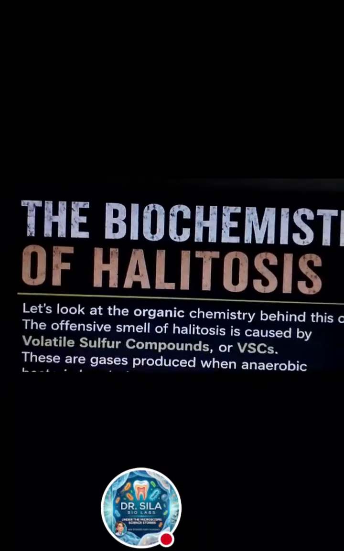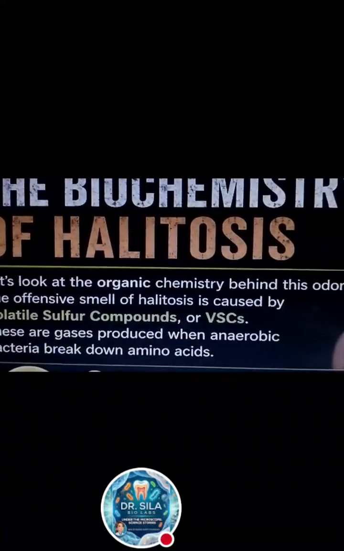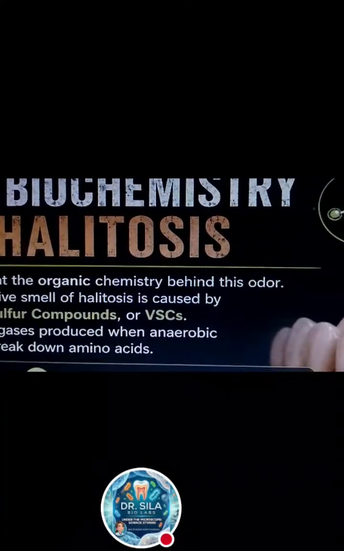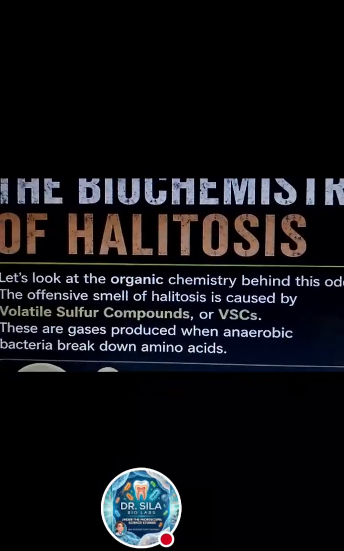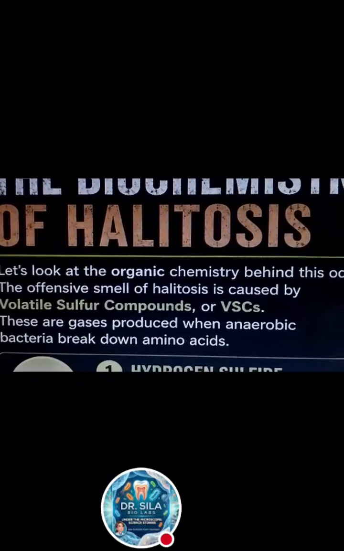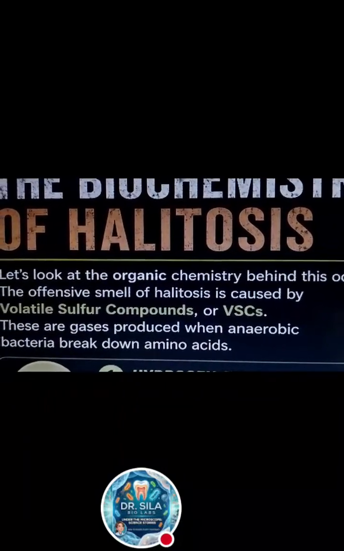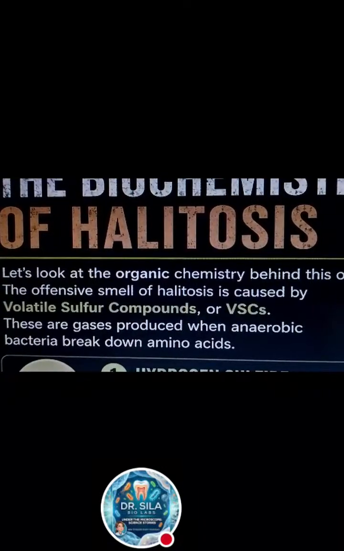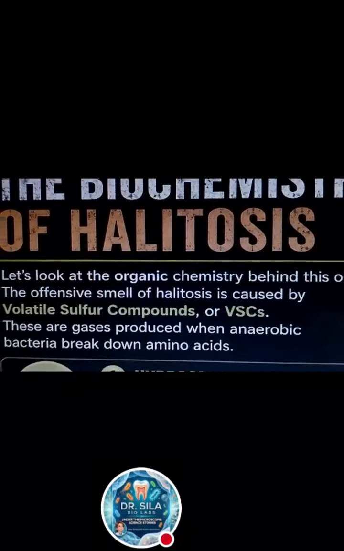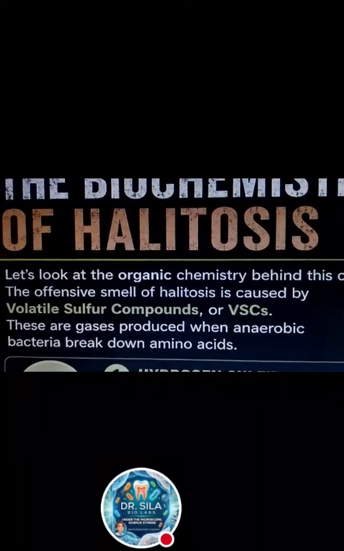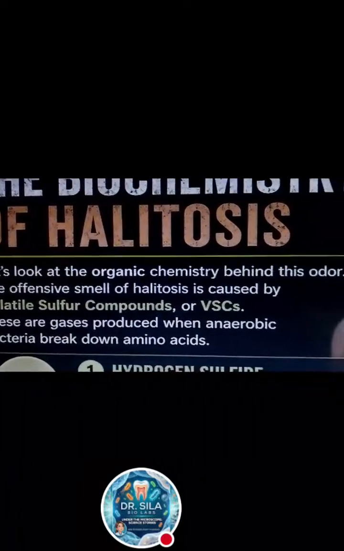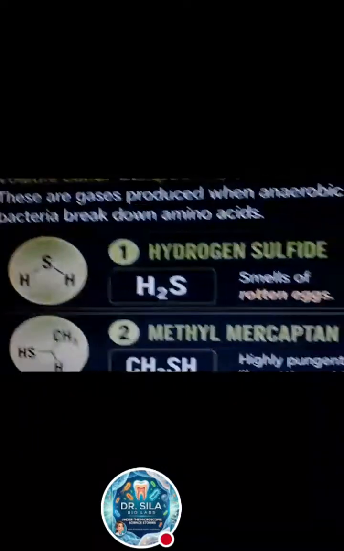The biochemistry of halitosis. Let's look at the organic chemistry behind this odor. The offensive smell of halitosis is caused by volatile sulfur compounds. These gases are produced when anaerobic bacteria break down amino acids.